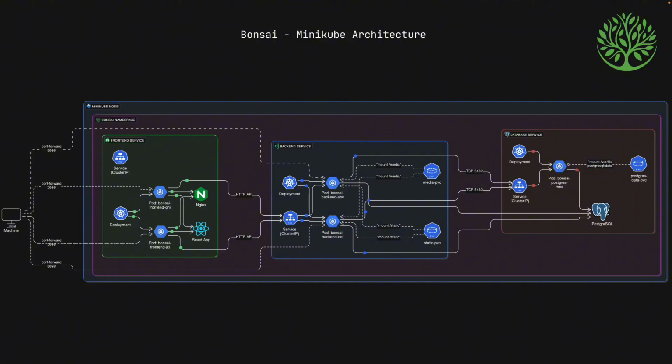The front end is a React app served through Nginx. The backend is Django, which connects to a Postgres database. We also mounted persistent volumes to handle the media files, static content, and database storage, just like in production. Everything is organized inside a BONSAI namespace to mirror our AWS setup and keep things clean and modular.